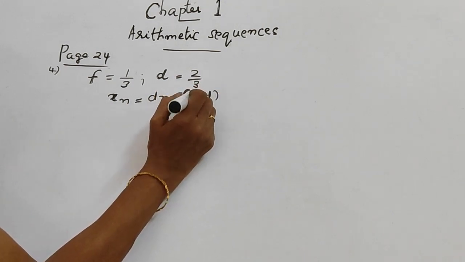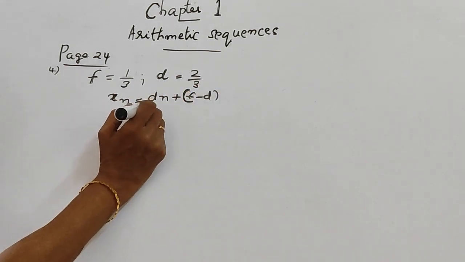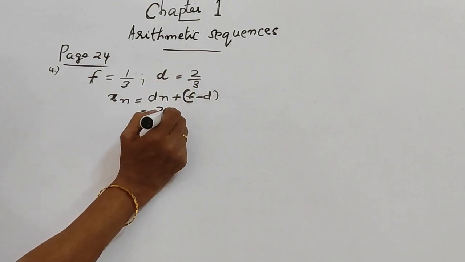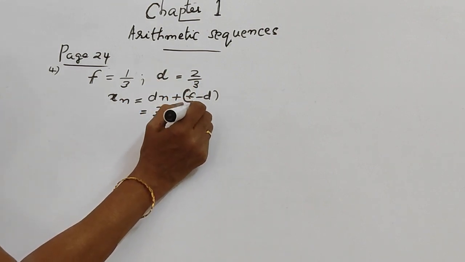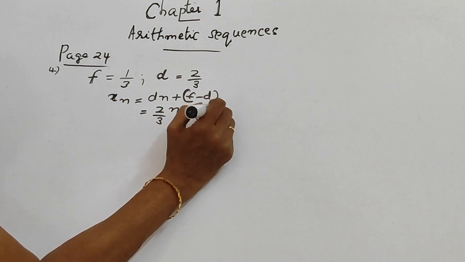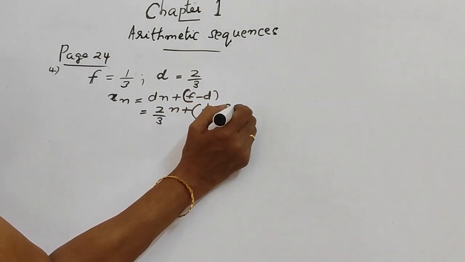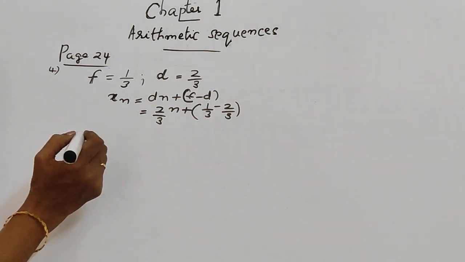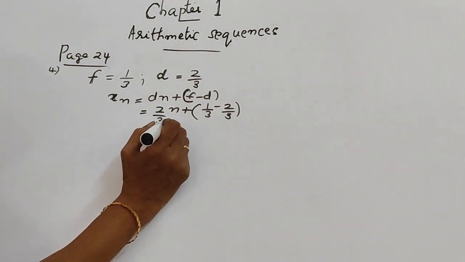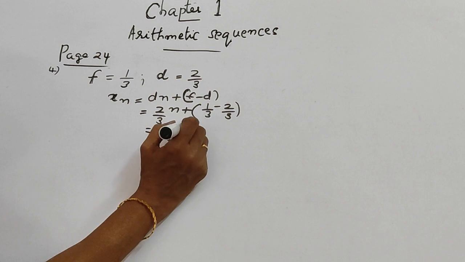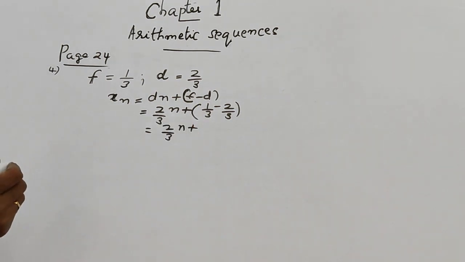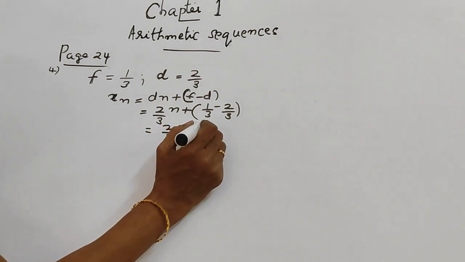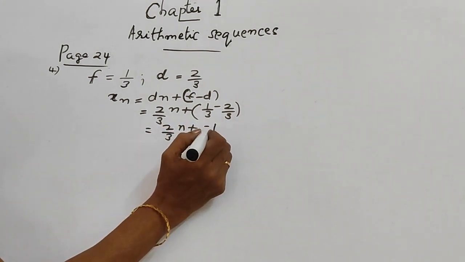Yesterday we have studied. d is equal to 2 by 3, n plus 1 by 3 minus 2 by 3 equals 2 by 3 n plus 1 minus 2, minus 1 by 3.